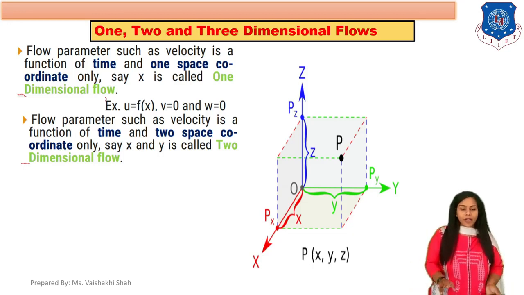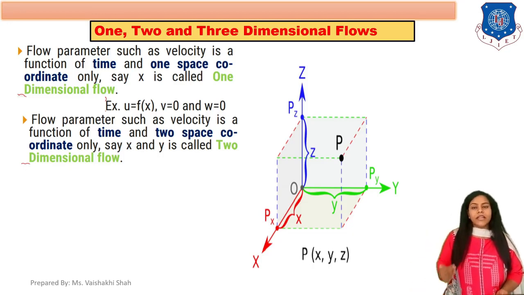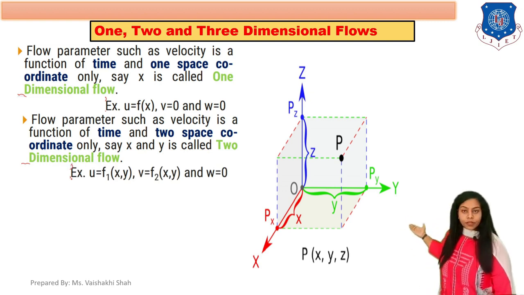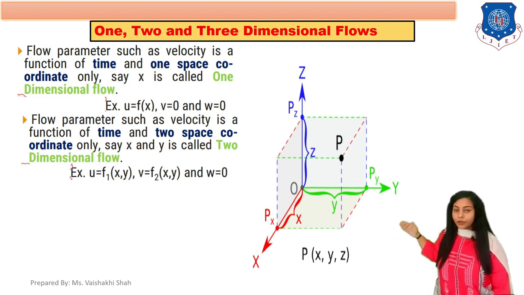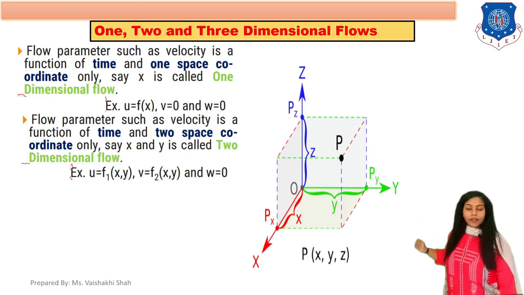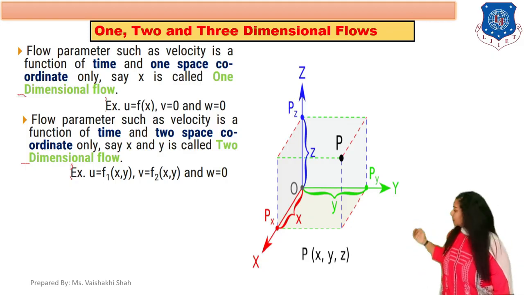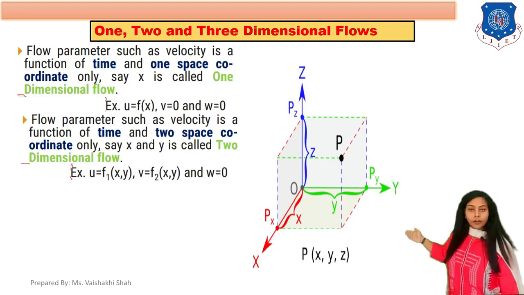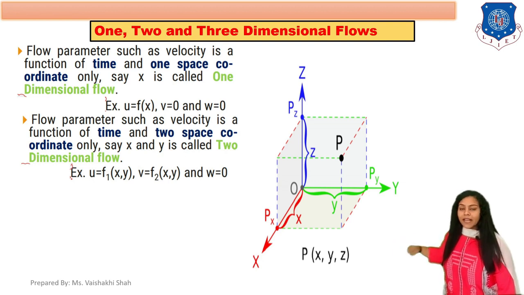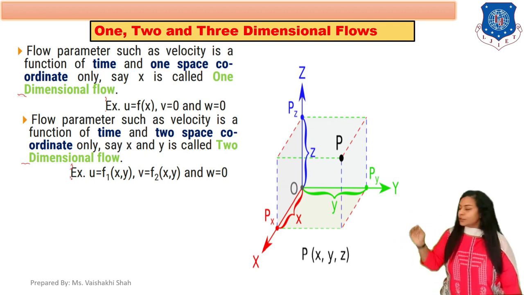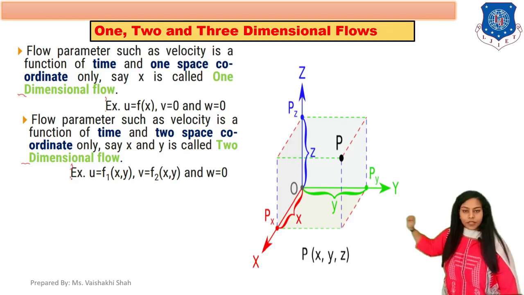That is called two-dimensional flow. So u is a function of x and y, u equals f1 of x, y, and v equals f2, a function of x and y. Since it is two-dimensional flow only, w equals 0.